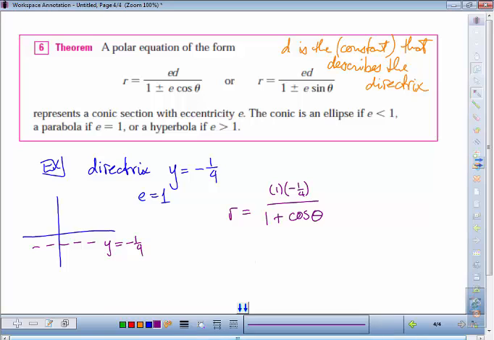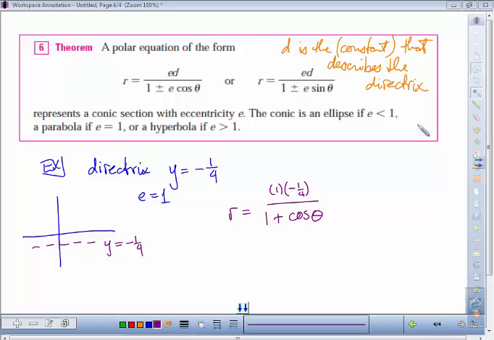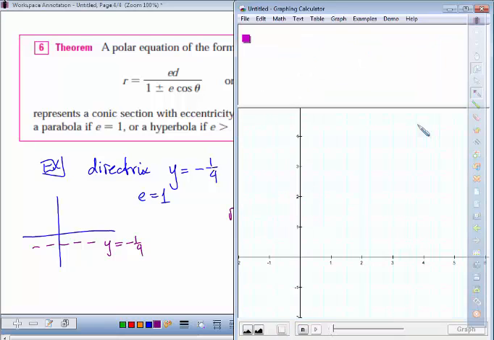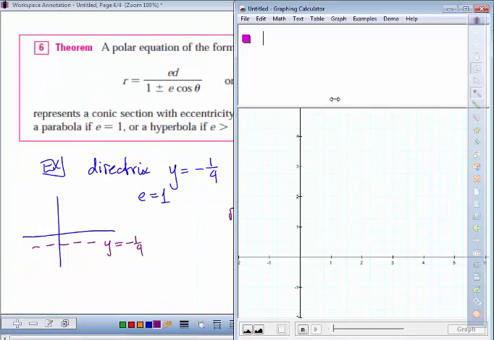So let me take out my graphing calculator program and graph this polar coordinate function.